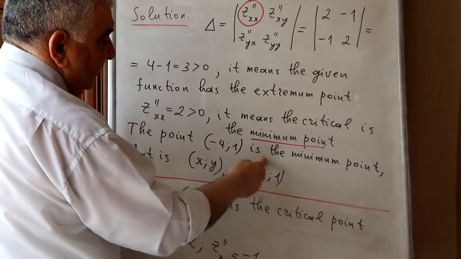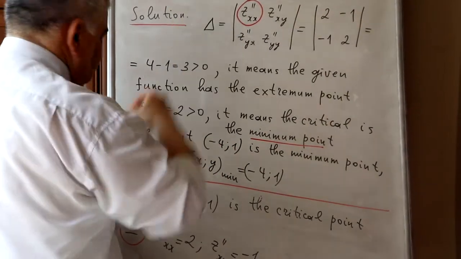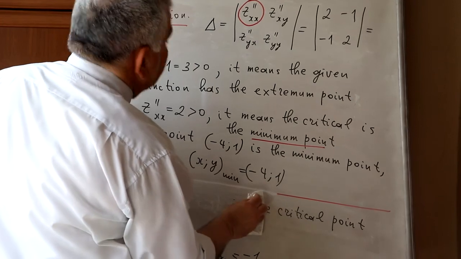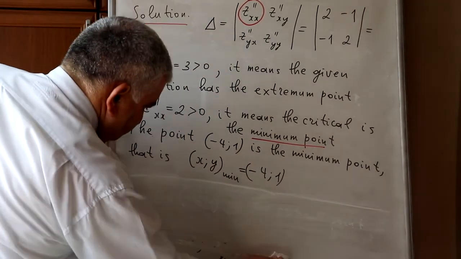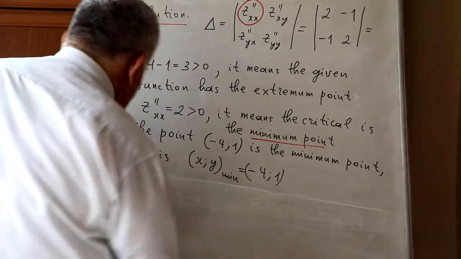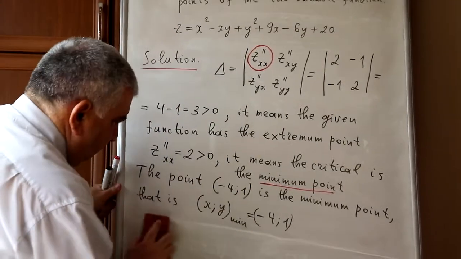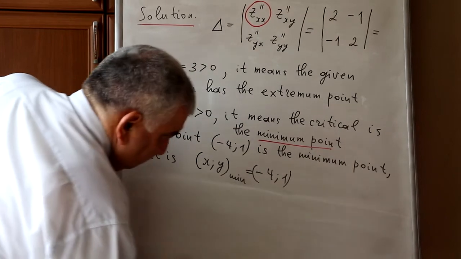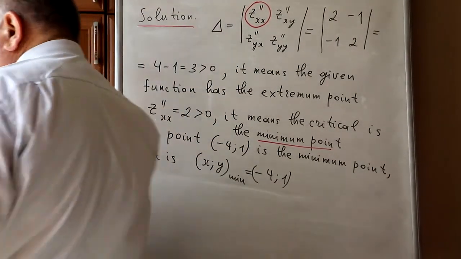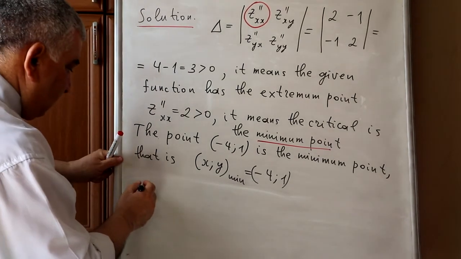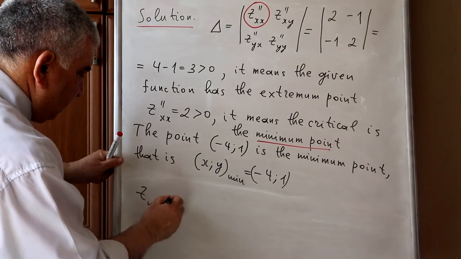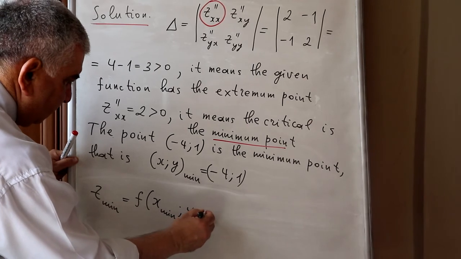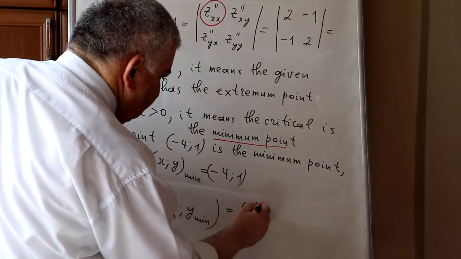For this, substitute this point into the expression of z. z minimum is equal to f of x minimum, y minimum, that is f of minus 4, 1.